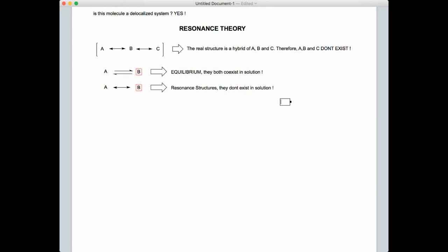We're going to start from one structure, let's say structure A, and then we're going to show the flow of pi electrons from A to the next structure, B. So we're going to show the flow of pi electrons to go from one structure to the next, and we will do that by using the curved arrow symbolism.